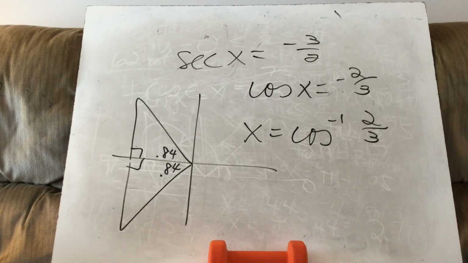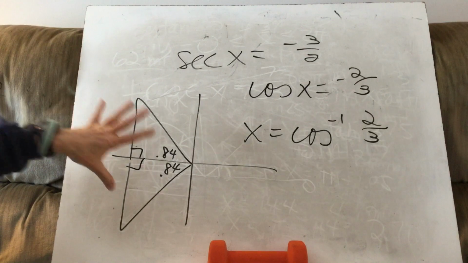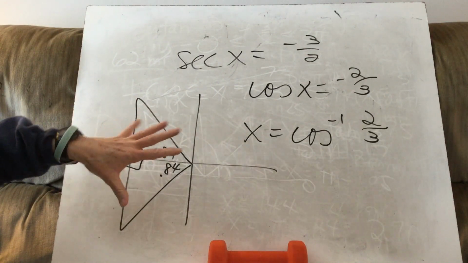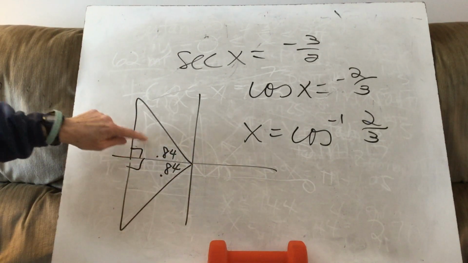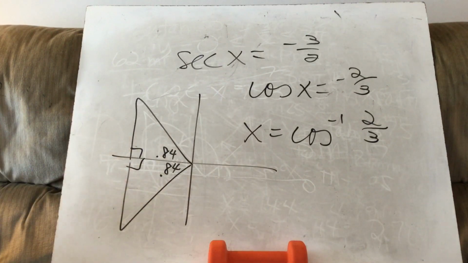If you put the negative in, you will not get the reference angle, and therefore you won't be able to find your second answer. So don't put the negative into the calculator. You put the negative on the blackboard or on your paper by putting it in these two quadrants.